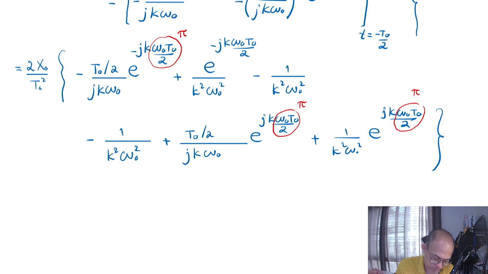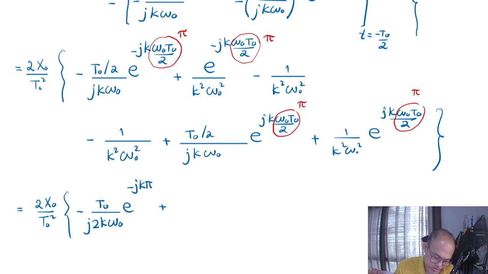So I have 2x0 over t0 squared. The inside is minus t0 over j2k omega 0 e to the minus jk pi, plus this is also pi.